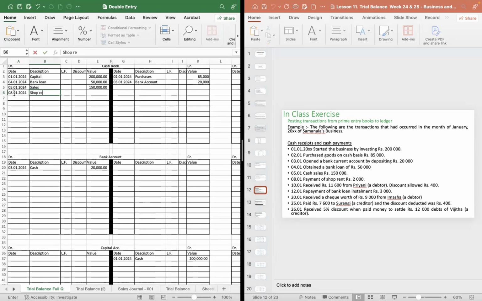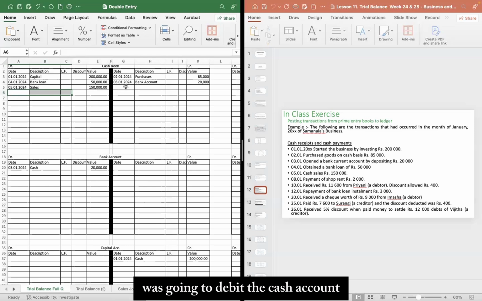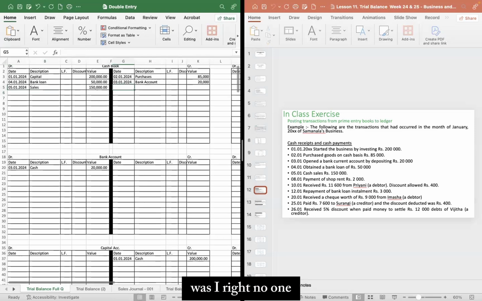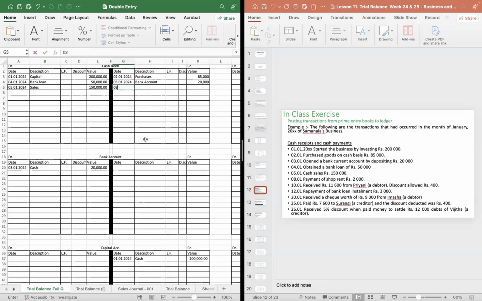I was going to debit the cash account. Was I right? Yes, it was already.